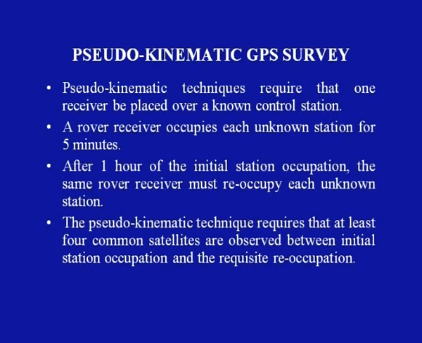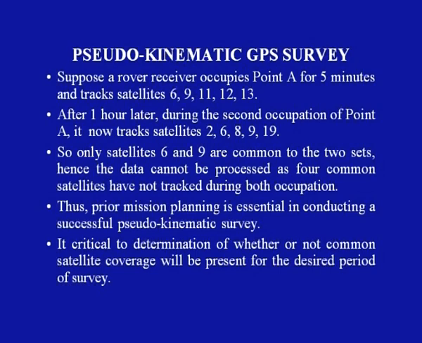The pseudo kinematic technique requires that at least 4 common satellites are observed between initial station occupation and the requisite reoccupation. Suppose a rover receiver occupies point A for 5 minutes and tracks satellites 6, 9, 11, 12 and 13. After 1 hour, during the second occupation of point A, it now tracks satellites 2, 6, 8, 9 and 19.